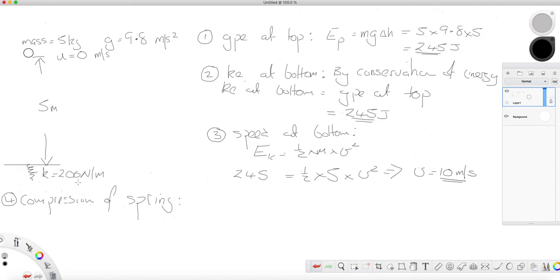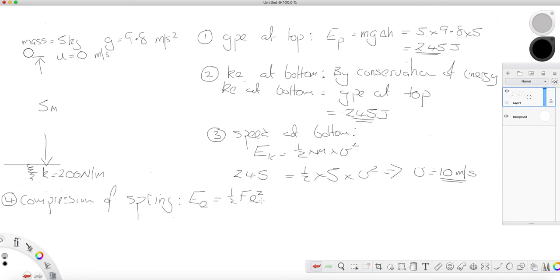Well, again, all of the energy that this falling object has is going to become from gravitational to kinetic at this point, and then is going to become elastic potential in the spring. Now we know that the elastic potential energy in a spring is a half force times the extension or compression squared.